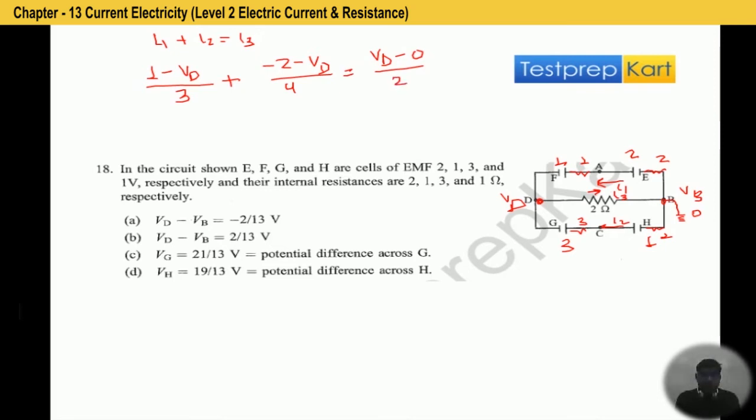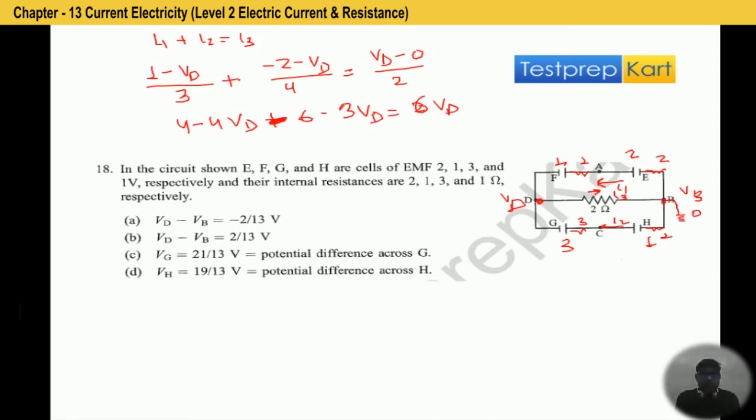So if we calculate VD from here, then what we are going to get is 4 minus 4 VD plus or minus 6 minus 3 VD is equal to 6 VD, right?